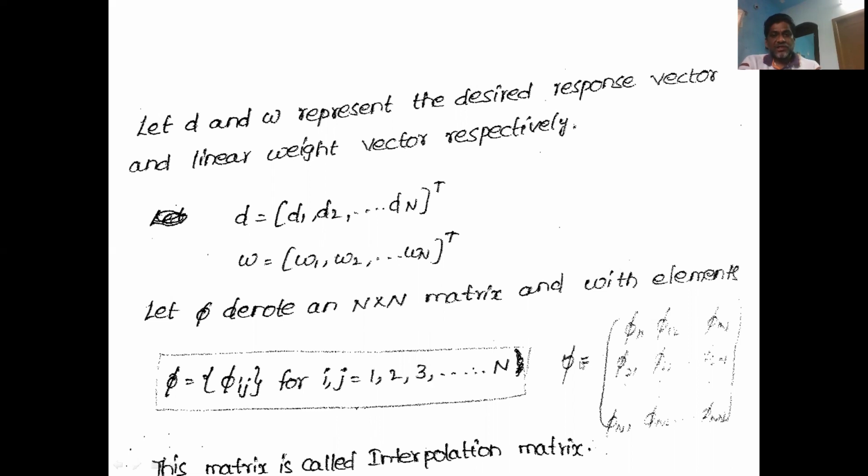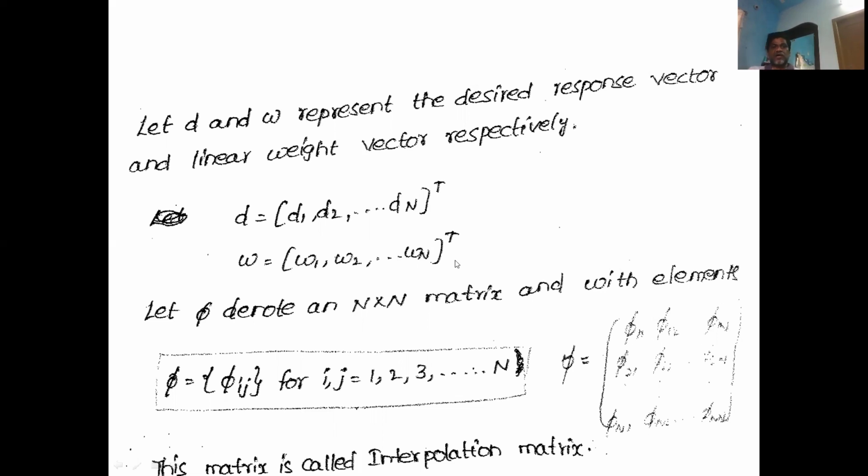So phi may be represented as phi 1,1, phi 1,2, and so on, phi 1n. The first row is calculated like that, and the second row is phi 2,1, phi 2,2, and so on, phi 2n, and so on. The last row becomes phi n1, phi n2, and so on, phi nn. This matrix is called the interpolation matrix.